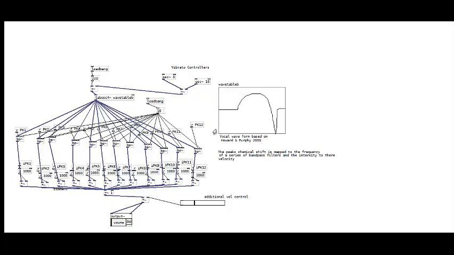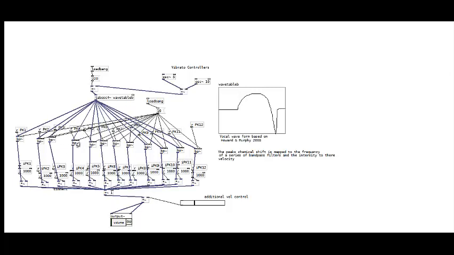We take this wavetable that has a vocal waveform based on Howard and Murphy's 2008 book on the subject, and it just plays that through our series of bandpass filters here and sums that, and it outputs with a little bit of vibrato added on just to make it sound a bit nicer.